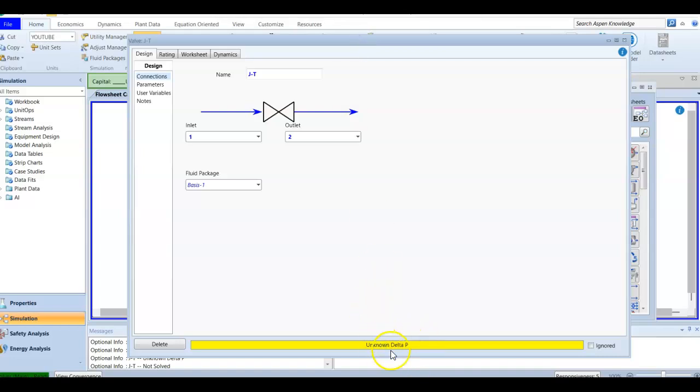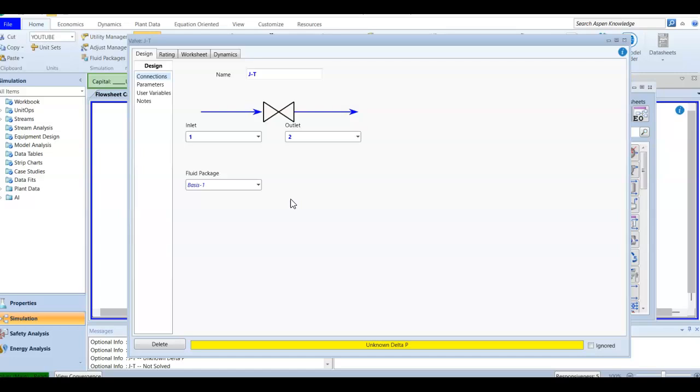So here, if we look over here, you will find that you are asked about the delta P, or the pressure drop in your valve. Okay, so the valve has different functions. Like this one is used to lower the temperature by increasing the volume or causing expansion.